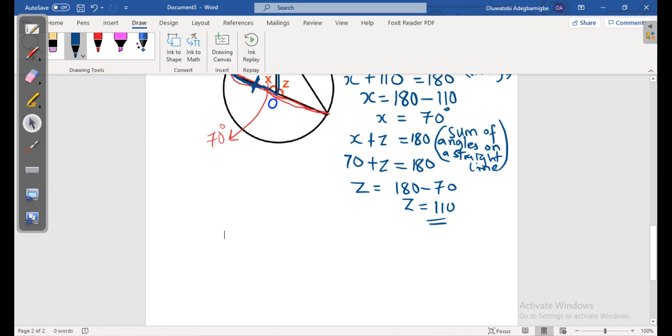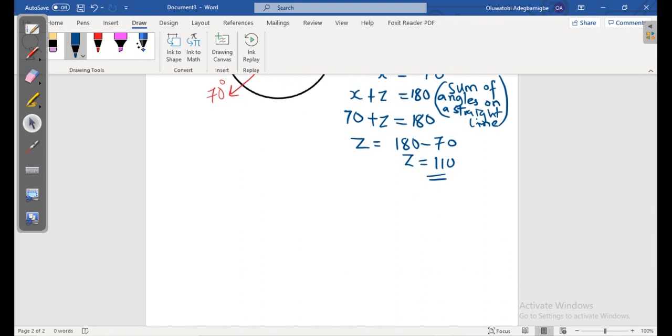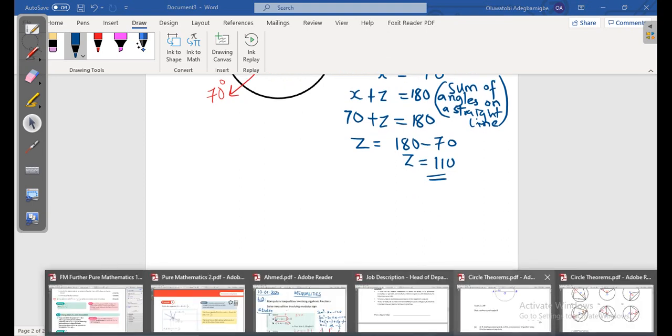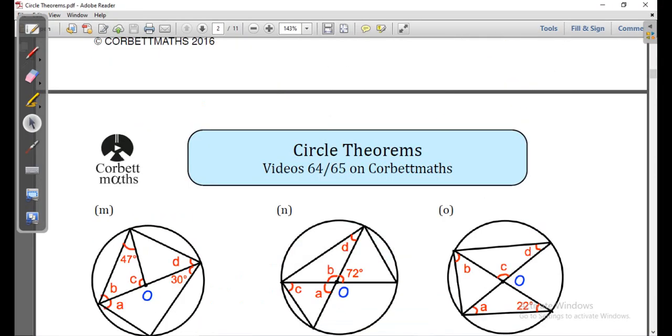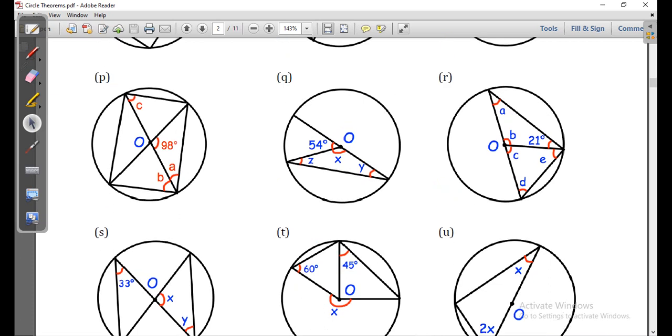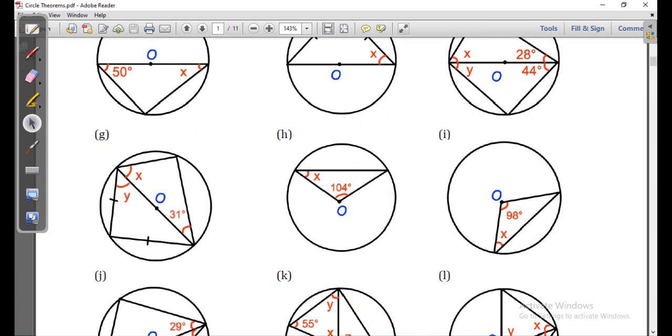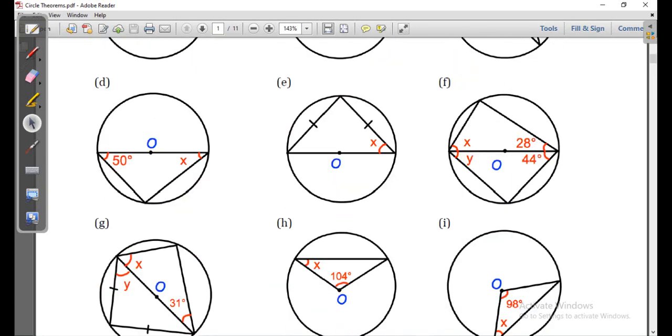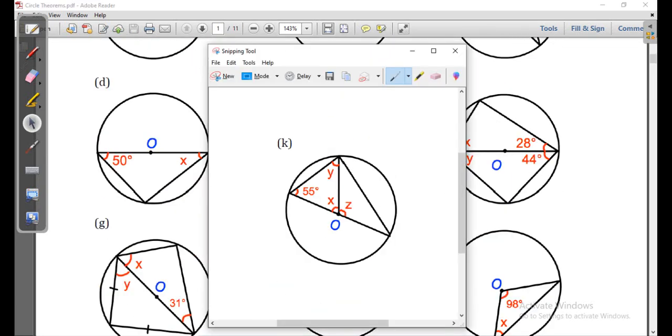Now, I'm going to share a few questions with you later for you to try. However, I'm going to put in a few questions for you to just play around with before we go into the next theorem. Before we go into the next theorem, I would like you to just play around with a few questions that I'm going to pull up right now. All right.